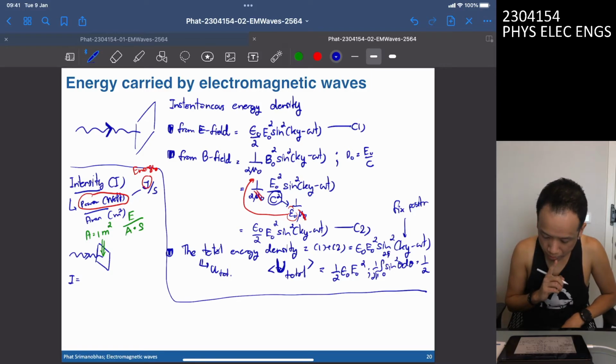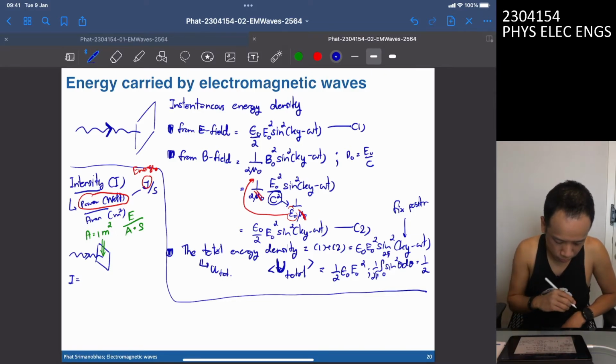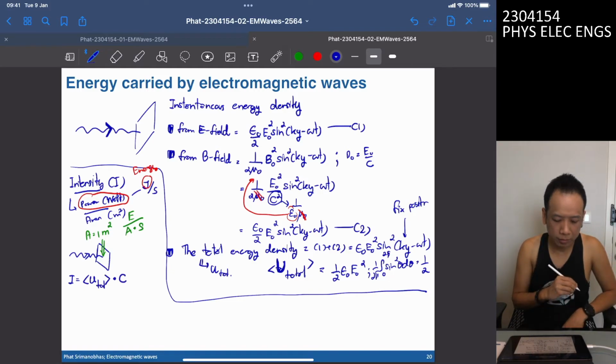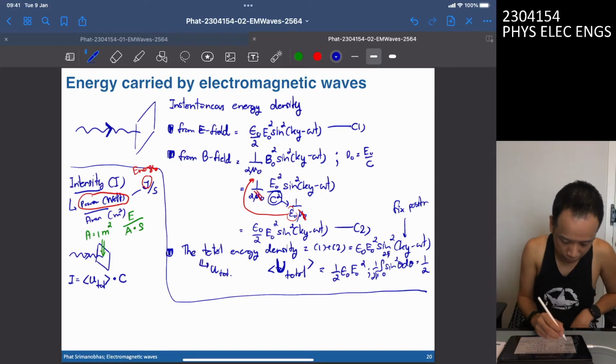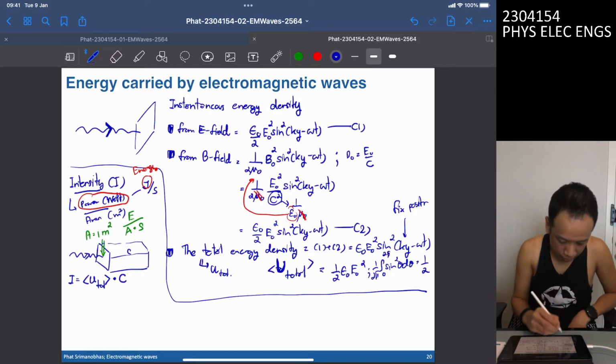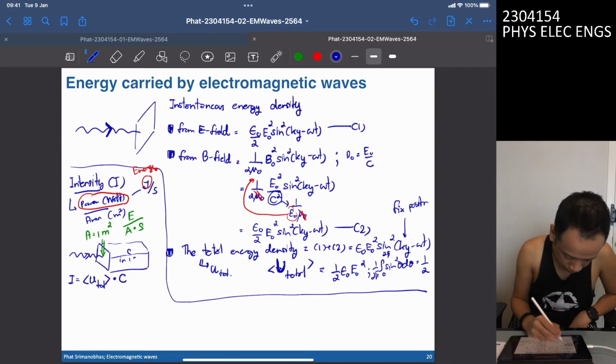So the total energy that it gives is the average of the U total, and then it's traveling c, right? In 1 second, the wave can propagate a distance c, right? C in 1 second.